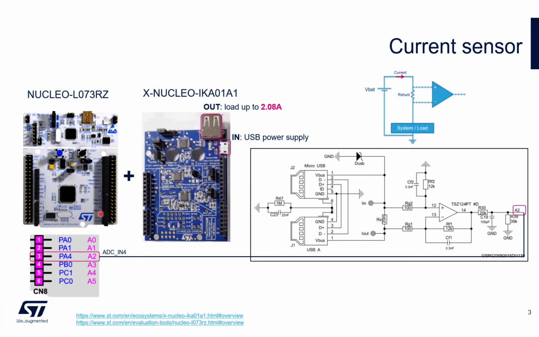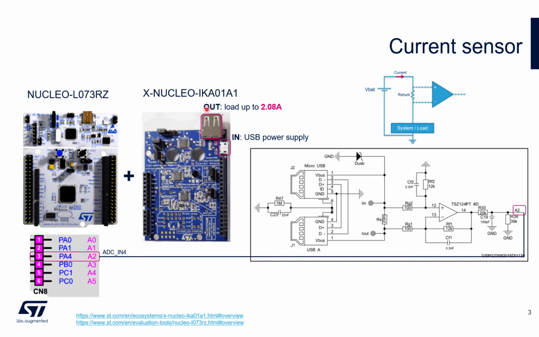The hardware setup is basically the following. We will use the NUCLEO L073RZ development kit and the NUCLEO IKA01A1 that will be plugged on this NUCLEO board. So this shield is able to get a power supply and to give it as output on the USB-A connector.